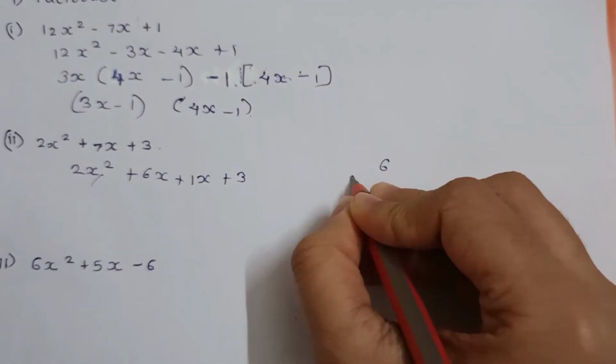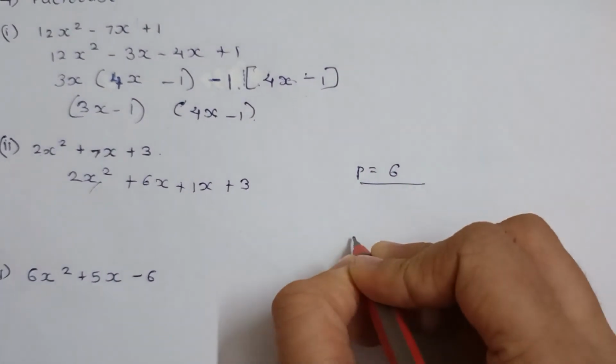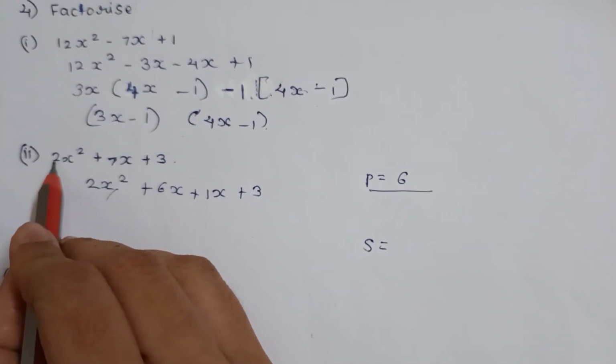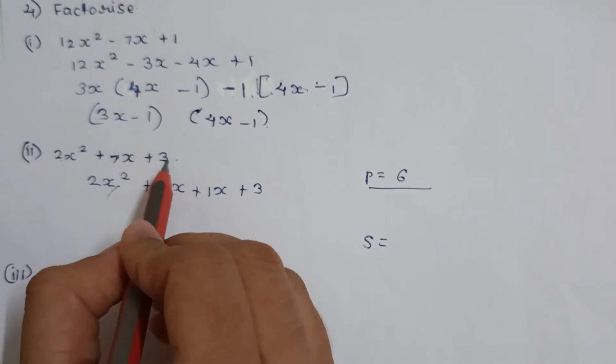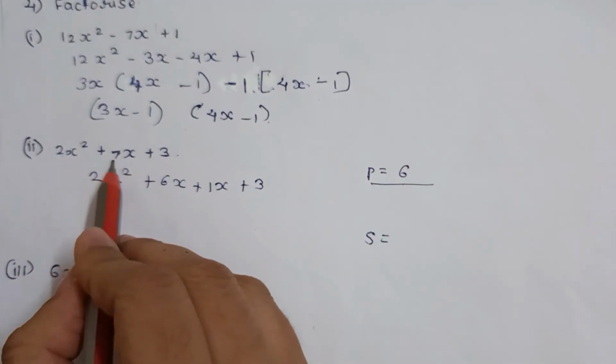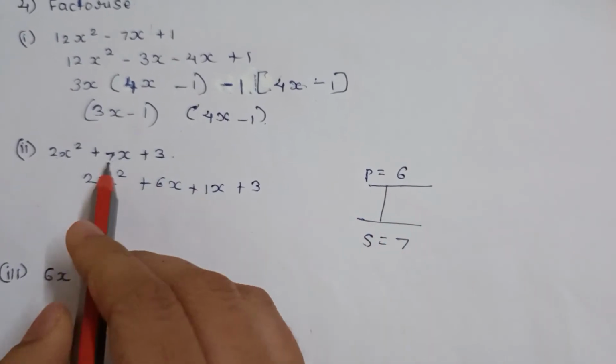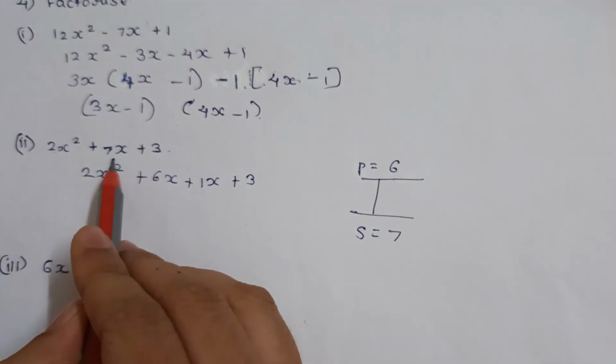So the product is 6 and sum is 7. We will split this middle term.